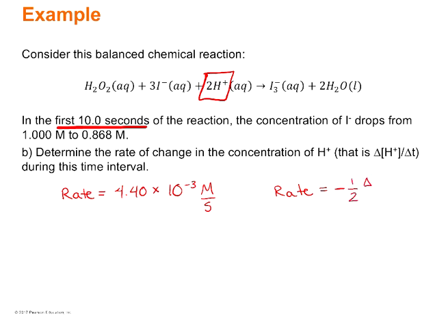And then that's delta H plus in brackets over delta T. All right, so now we're going to plug in the rate that we just calculated for this reaction into our new expression, and then we'll solve for delta H plus over delta T. All right, so let's write that out.